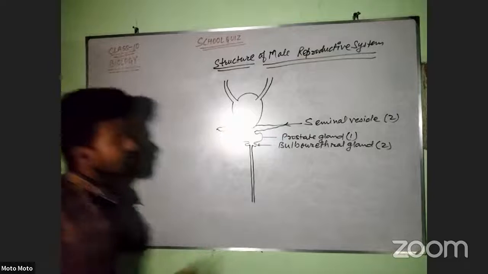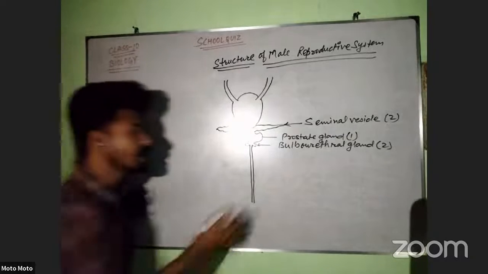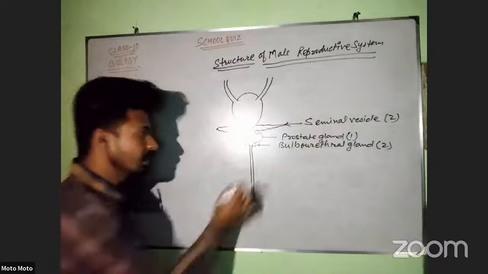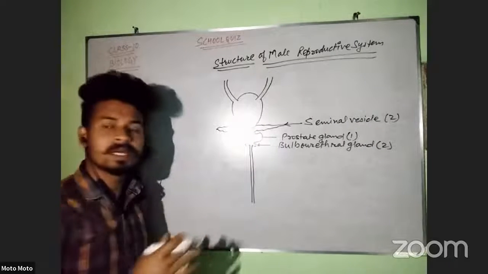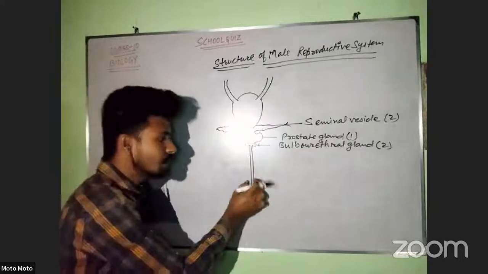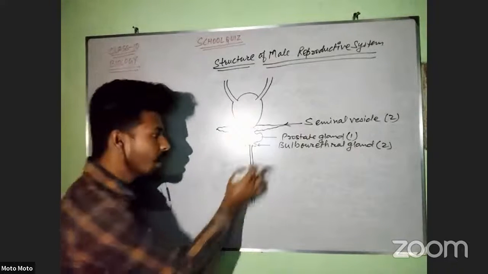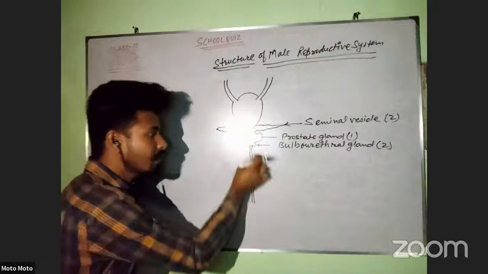This duct is called the ejaculatory duct, or we can say this is the part we call the urethra, and this is the common part for the ejaculation of sperm and also for urination, the coming out of urine, the same duct.